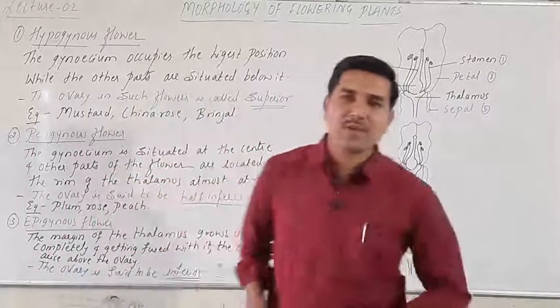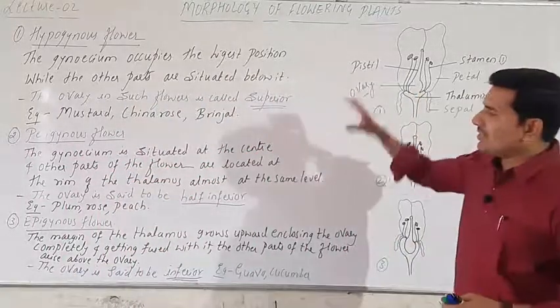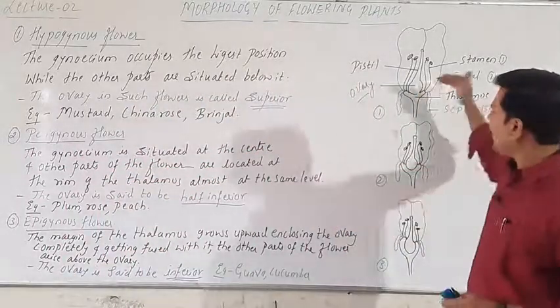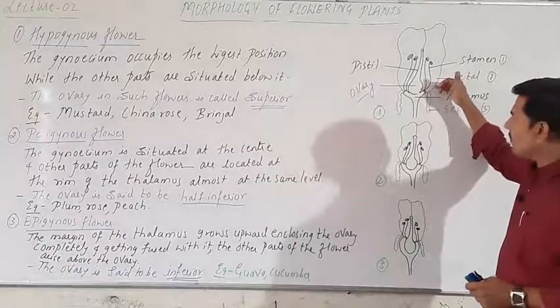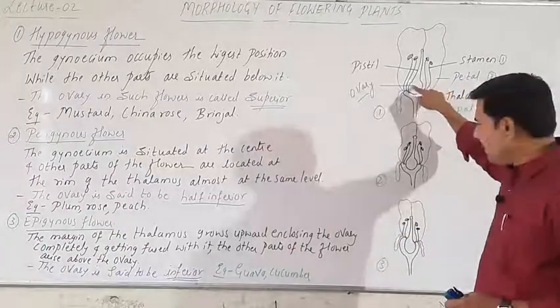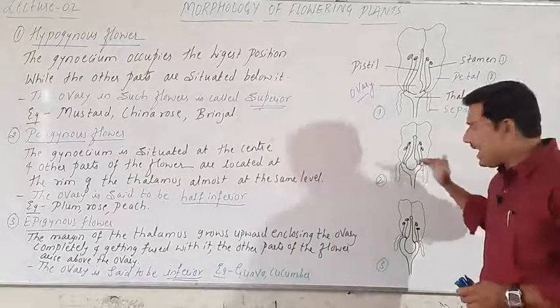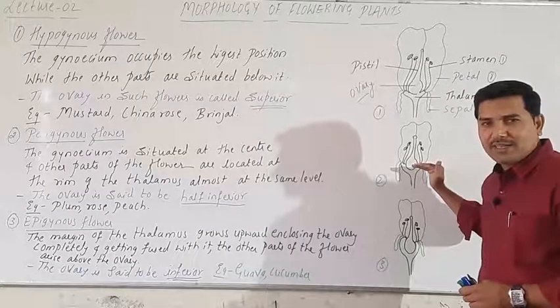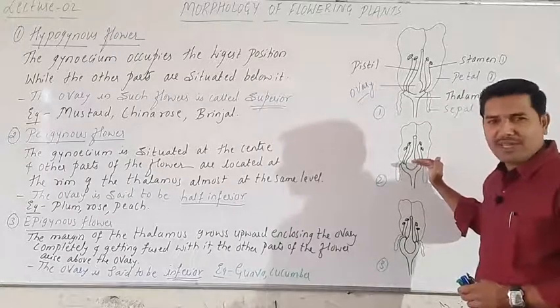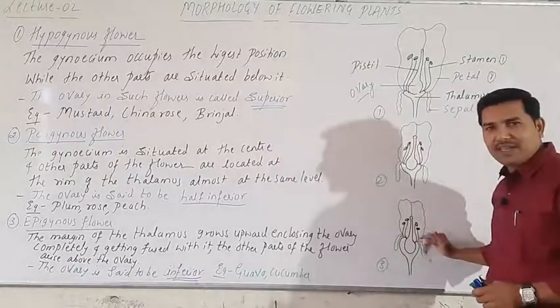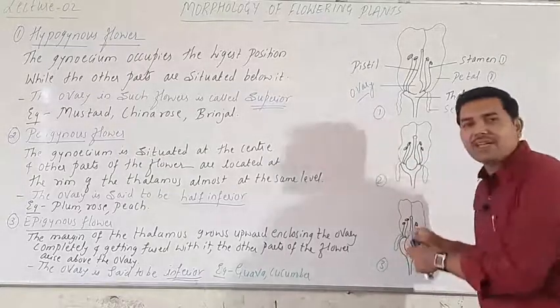Okay, as we are talking about the flower. So this is regarding the characters of a hypogynous flower, where we call it a superior ovary, a perigynous flower, where we call it a half inferior ovary or half superior, and epigynous. Epi means above, gynous means gynoecium.